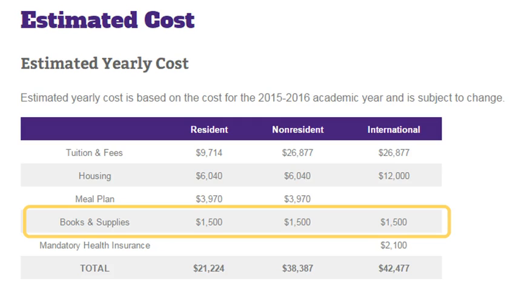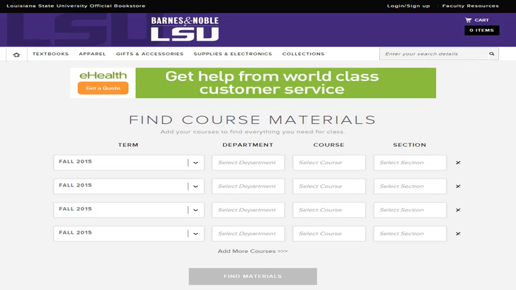When you click, it'll take you to, for instance, once you've already registered for your classes, it'll show you what materials and books you need. As you know, it depends on your major and what classes you take. Everybody will not be the same.